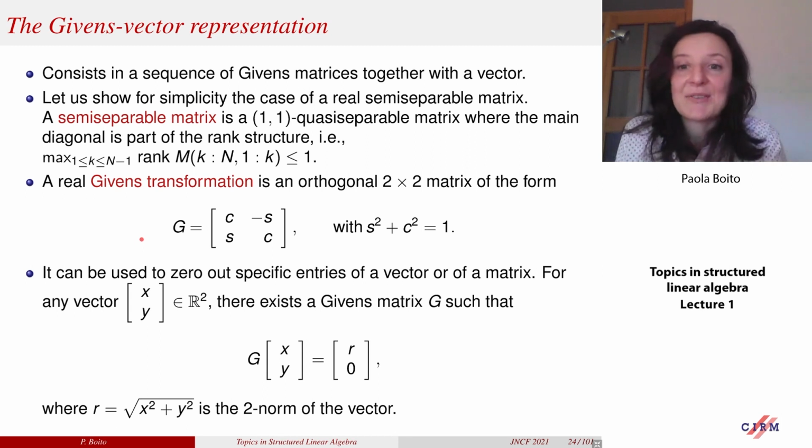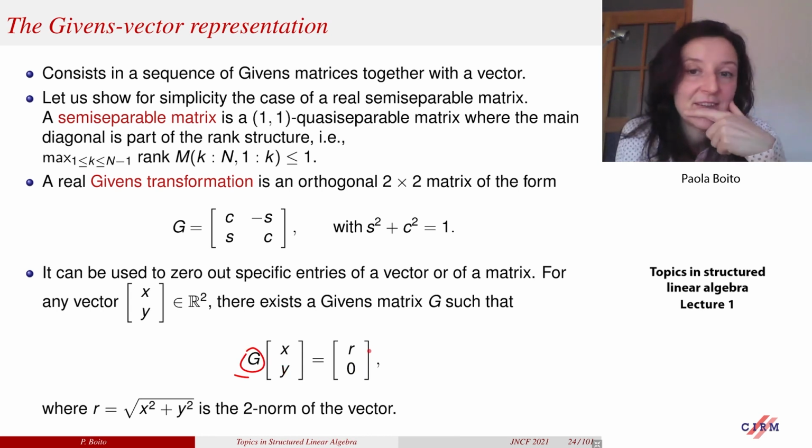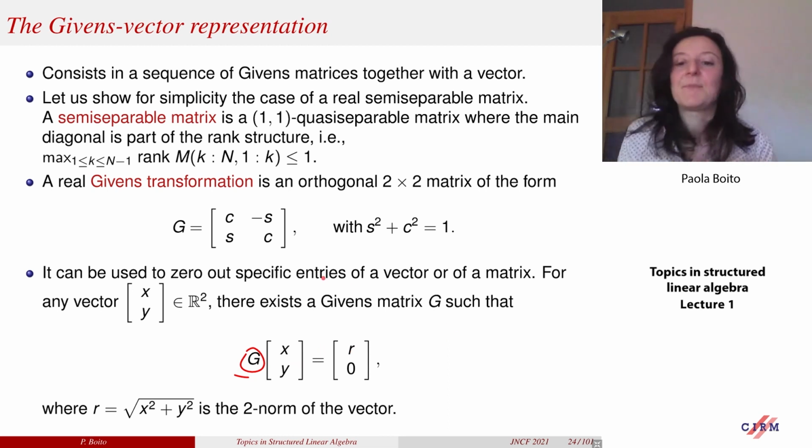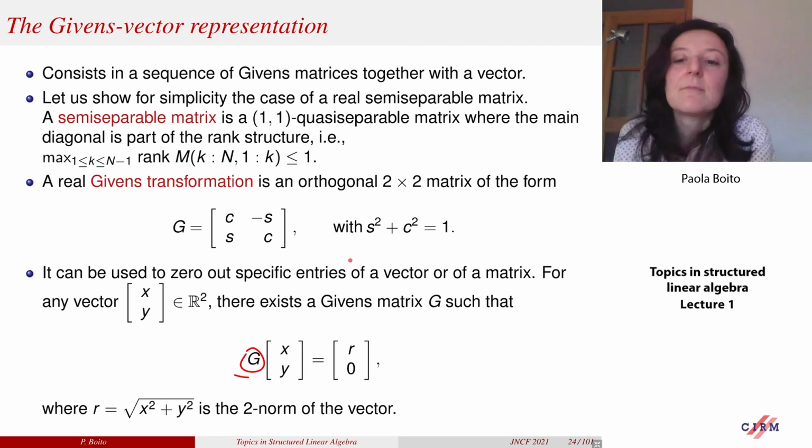Givens transformations are widely used in linear algebra because they can be applied to zero out specific entries of a vector or a matrix. Because if we have any vector x, y, of length 2, we can find a Givens transformation that puts a 0 here in the second position, right? In the first position, we're going to have the norm of the vector because the matrix is unitary or orthogonal.